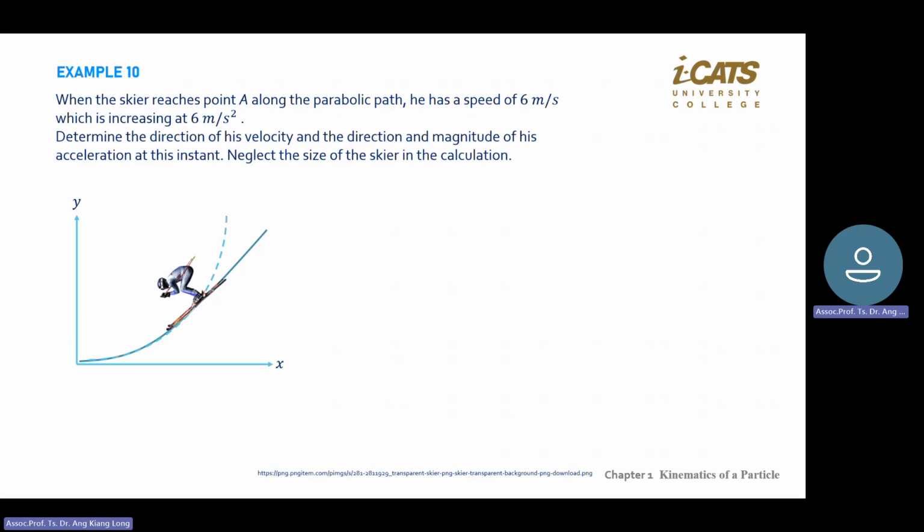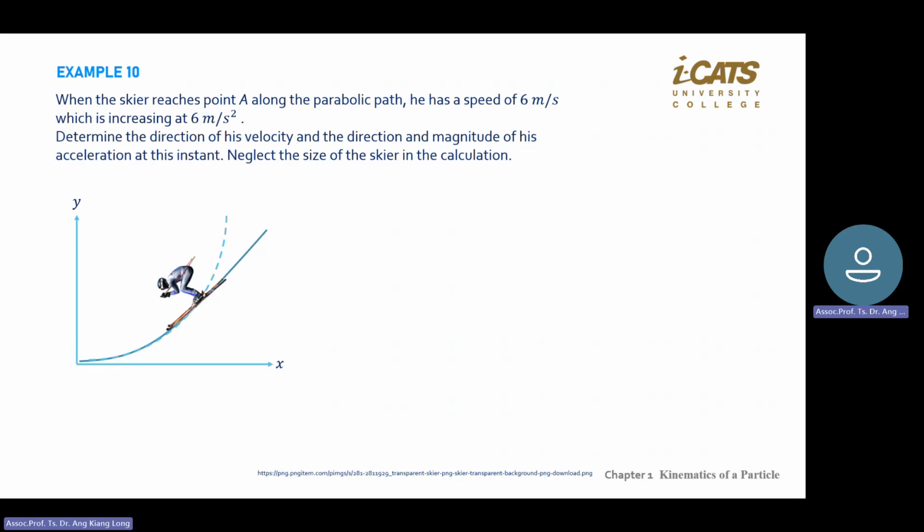The skidder reaches point A on the parabolic path. When you see parabolic, it falls under this section. And when something is sliding and it gives you a curvature or a circle, that one falls under this one.